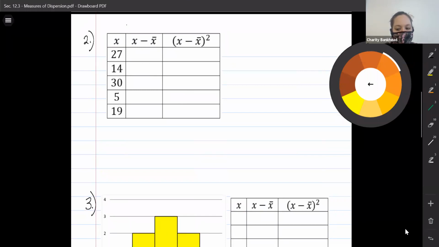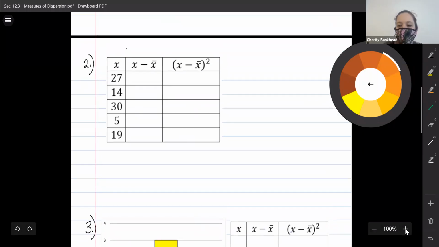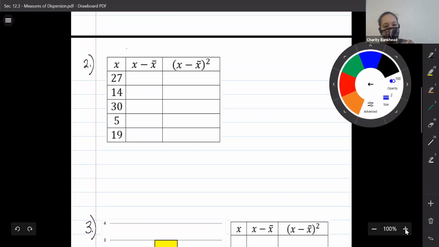All right. So number 2, let's calculate the range. So the highest is 30, the smallest is 5, so 30 minus 5 equals 25, so the range is 25.